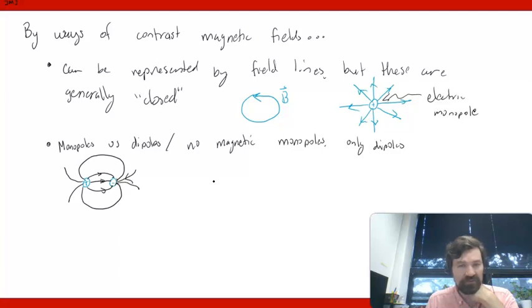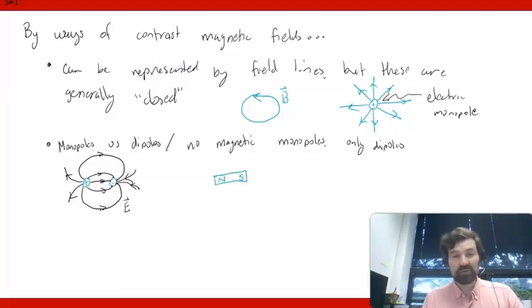So this would be my electric dipole, positive charge on one side, negative charge on the other side. For the magnet, you have a north and a south pole, and so the magnetic field for a dipole actually looks kind of like the electric field for an electric dipole, where the north pole is the origin and the south pole the termination.